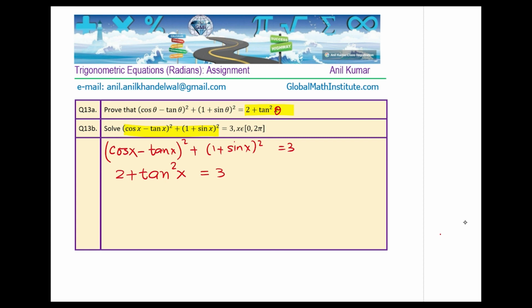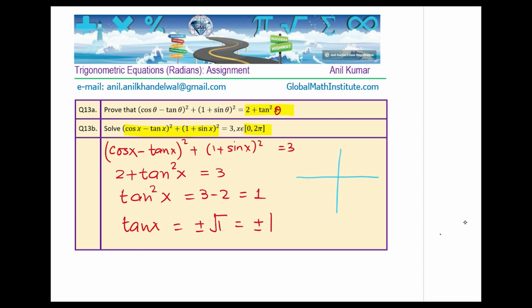Now we can bring the numbers to the right hand side, getting tan square x equals to 3 minus 2, which is 1. So tan x will be equal to plus minus square root of 1, which is plus minus 1. We need to find the solution within the domain 0 to 2 pi. So as you know, tan is 1 at pi by 4, correct? So the four solutions will be as shown here.